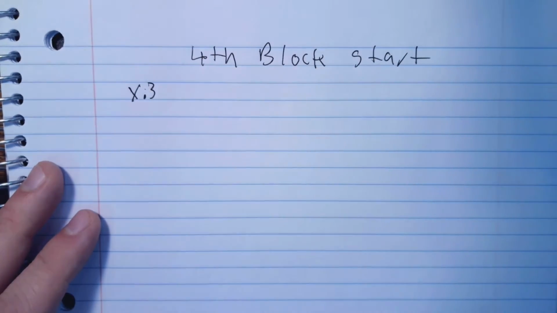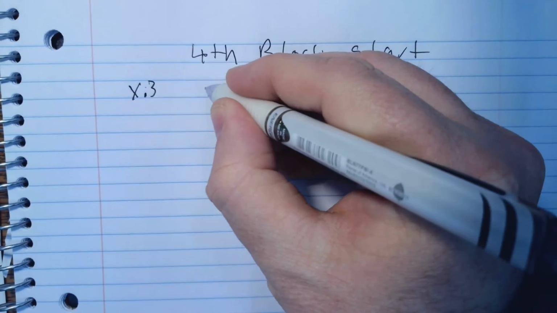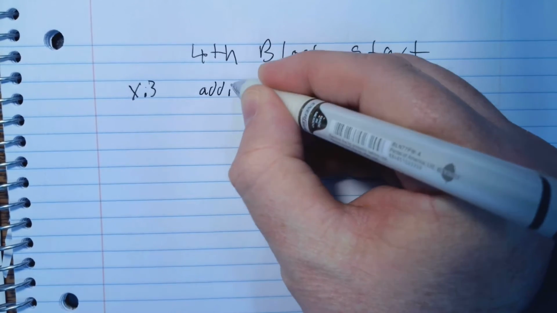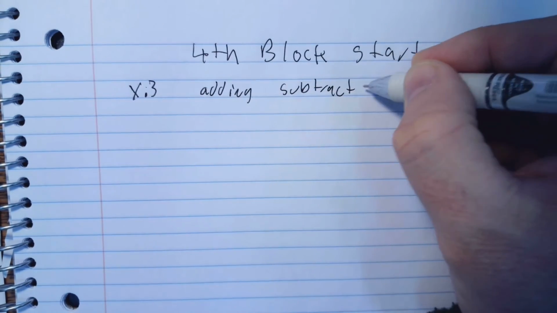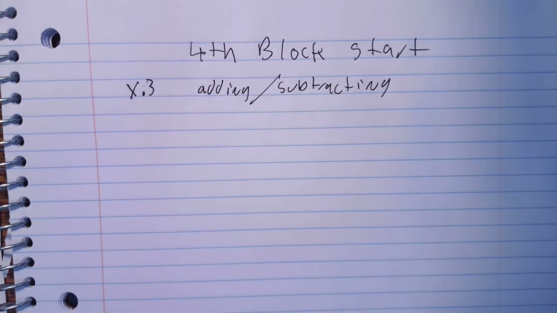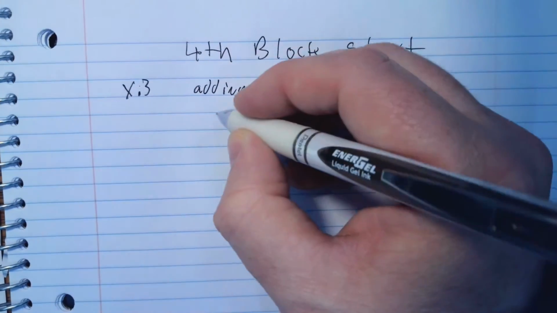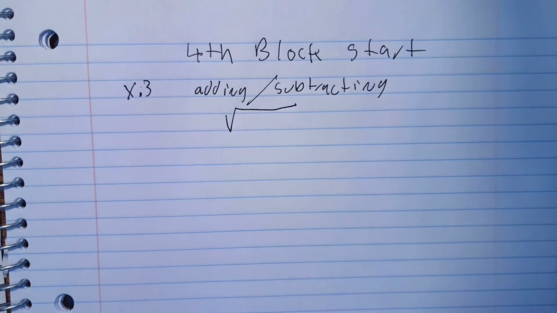Okay, what we're going to work on here is adding and subtracting radicals. So adding and subtracting radicals, which is that. Okay, so I'm going to kind of go over the rule.